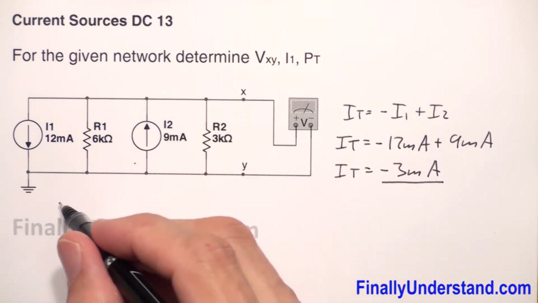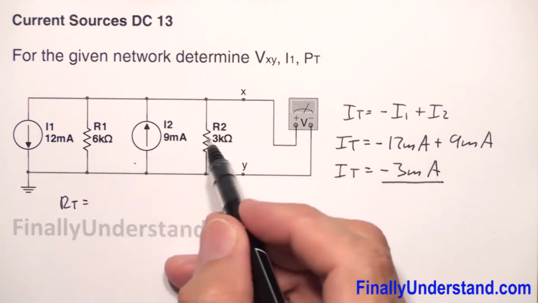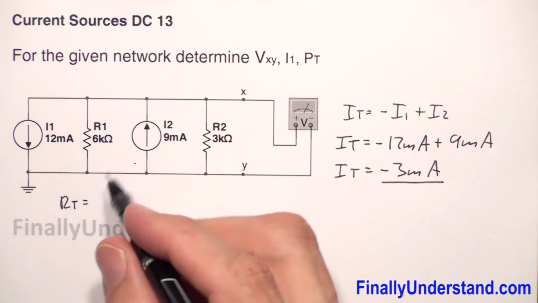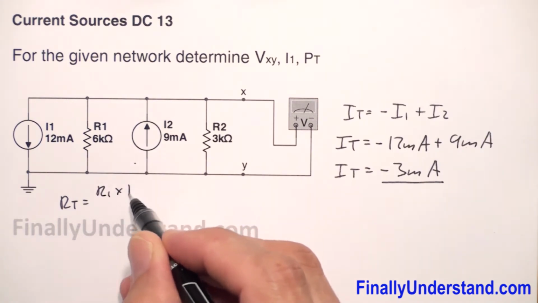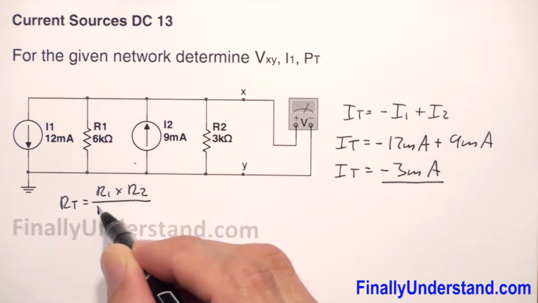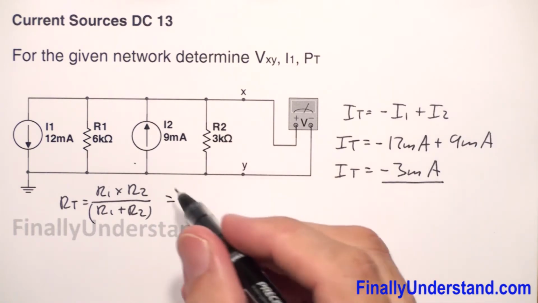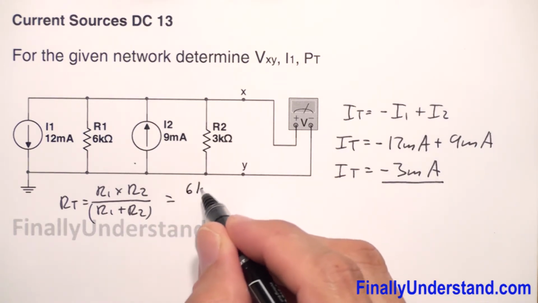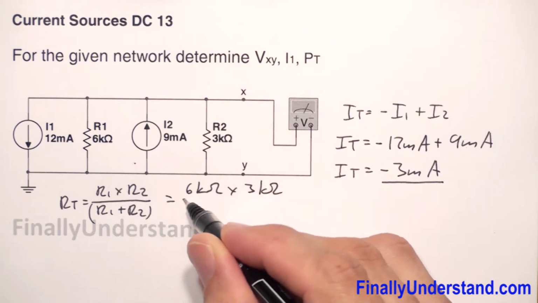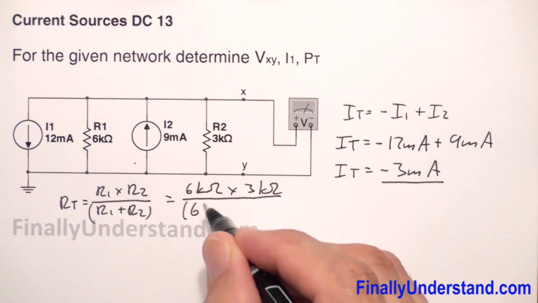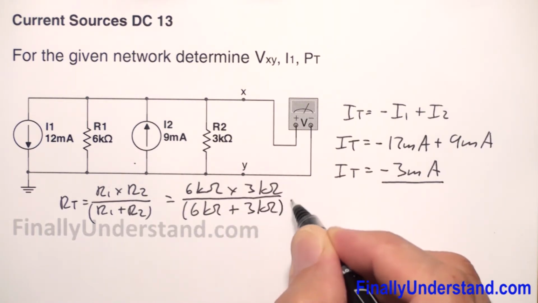R total is equal, because these two resistors are in parallel, I'm going to simply use the product over the sum, R1 times R2 over R1 plus R2. R1 is equal to 6 kilo ohms times 3 kilo ohms over 6 kilo ohms plus 3 kilo ohms.